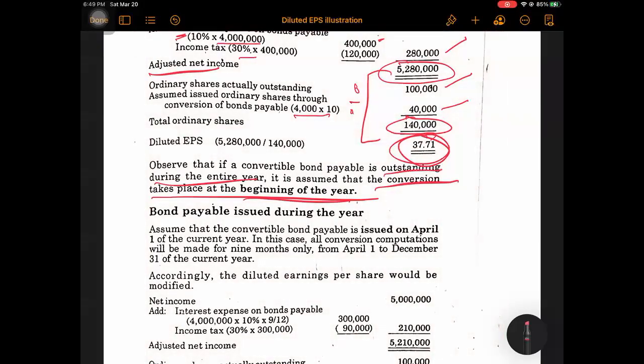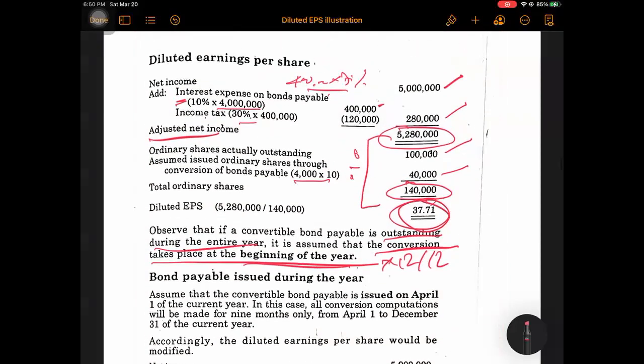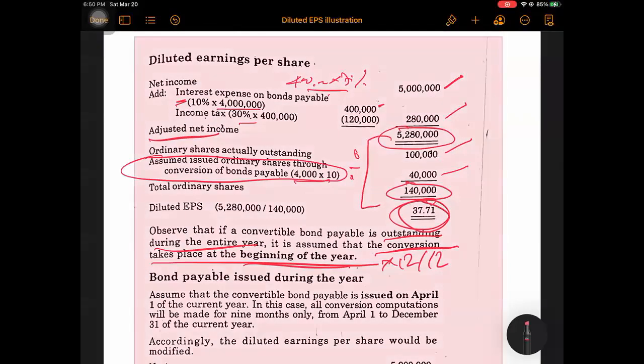That's why if we average it, it is still 12/12. That is why there is no averaging here, because if it was outstanding at the beginning, it is assumed that it was converted at the beginning of the year.